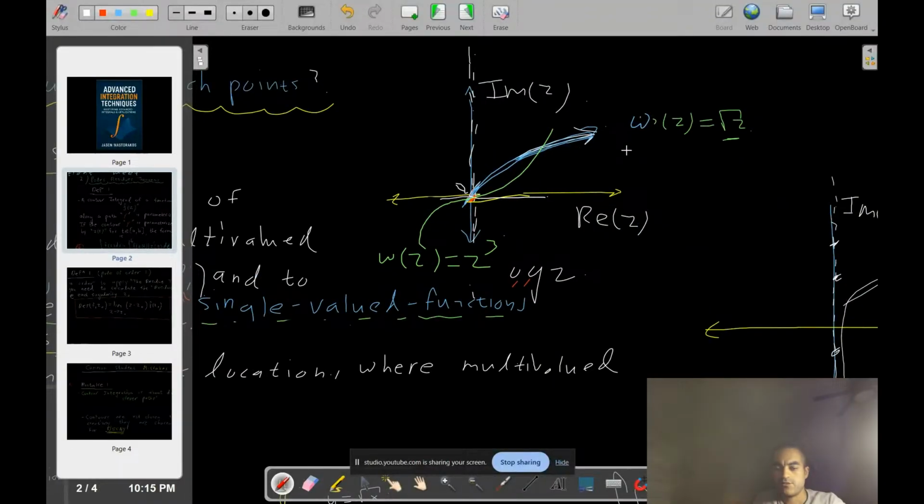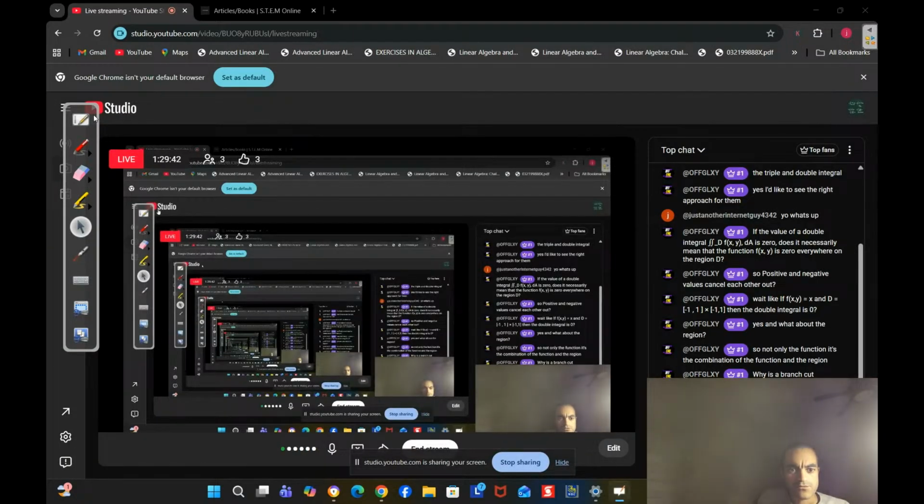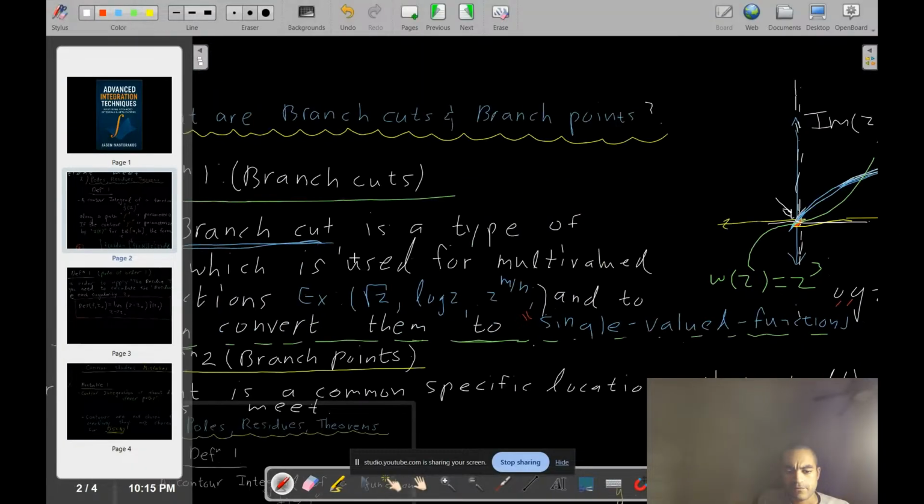They have a common point at 0, 0. When z is 0, that was a branch point, for instance. There are other branch points, but z equals 0 is a common branch point. I highlighted it in red. I think it's overlaying here, if you can see it.